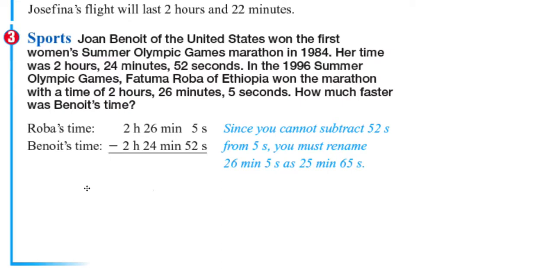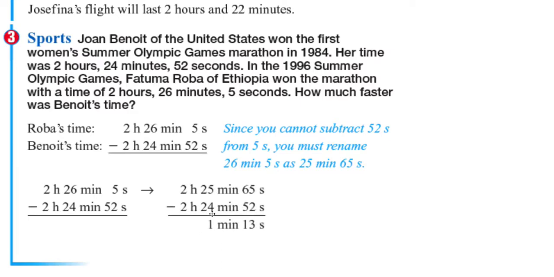So we have 2 hours, 26 minutes, and 5 seconds, renamed as 2 hours, 25 minutes, and 65 seconds. Remember how we did this again. We borrowed one from 26, this became 25, and then we added 60 seconds to 5 seconds because that is the minute that you borrowed from 26. That's how this became 2 hours, 25 minutes, and 65 seconds.